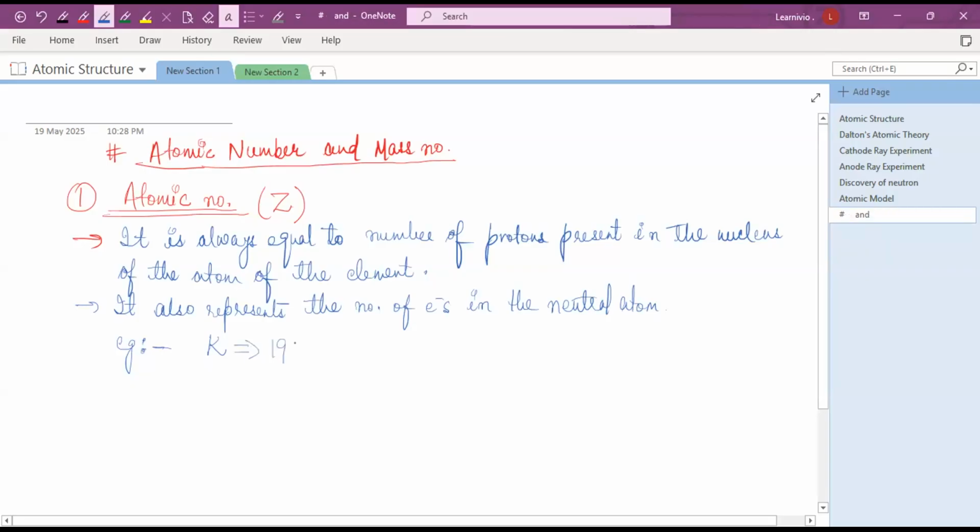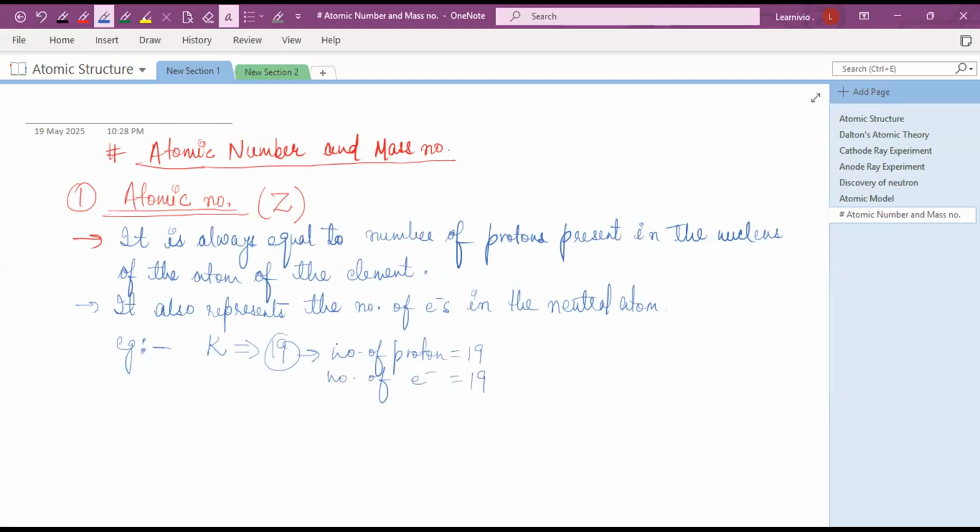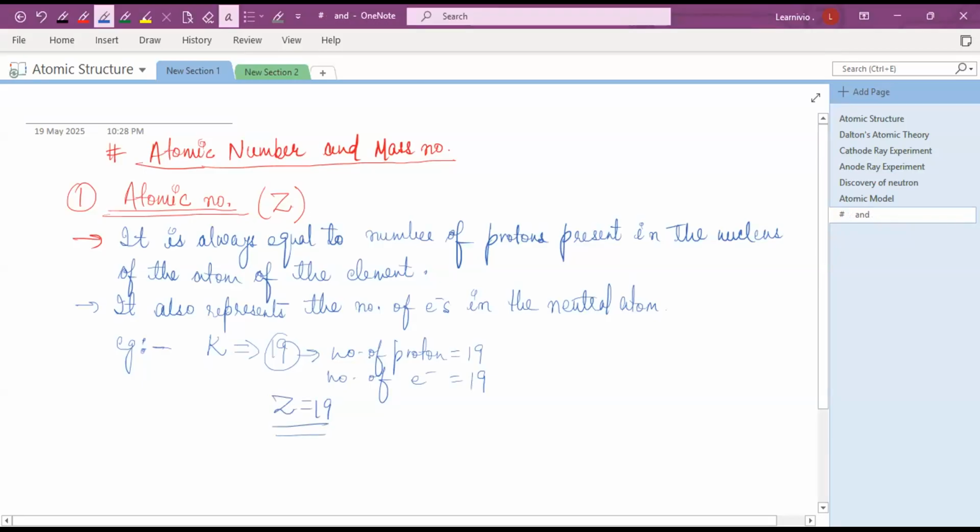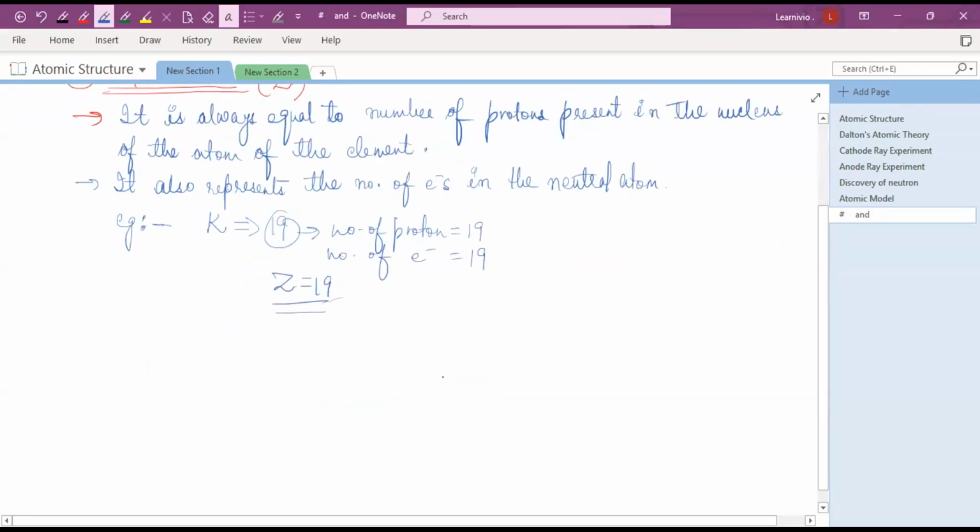It means that it has 19 protons, right? Number of protons is 19, and the number of electrons is also 19. So Z equals 19, where Z means atomic number. Atomic number is 19, so the number of protons is also 19, and the number of electrons is also 19.